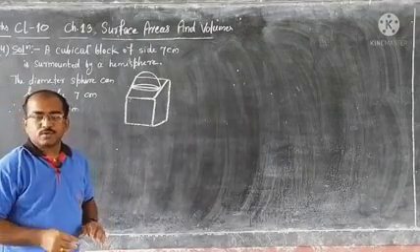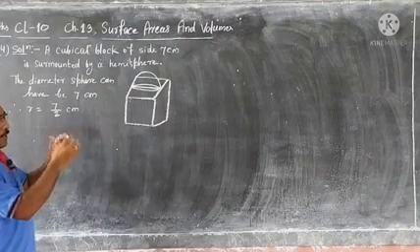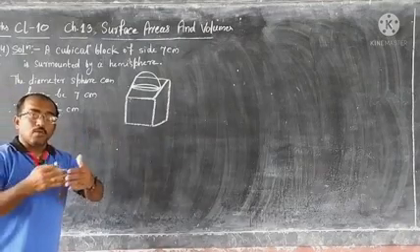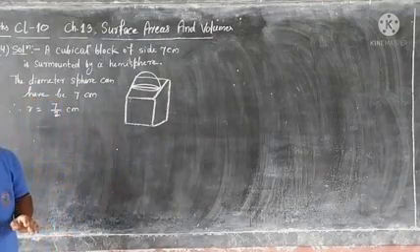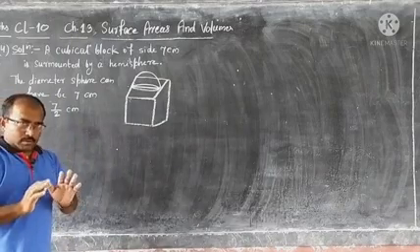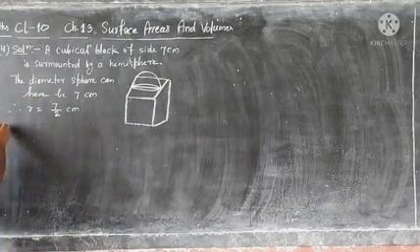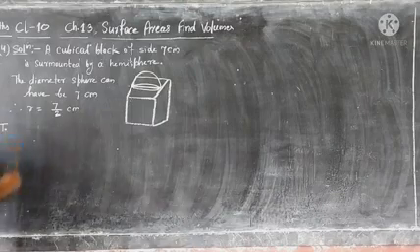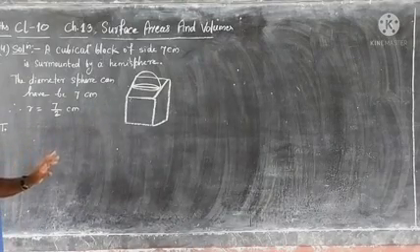Find the area of the solid. So, this solid we have to find out the area. Now, let us think which surfaces we are going to calculate the area of. So, first, find the area of the solid.